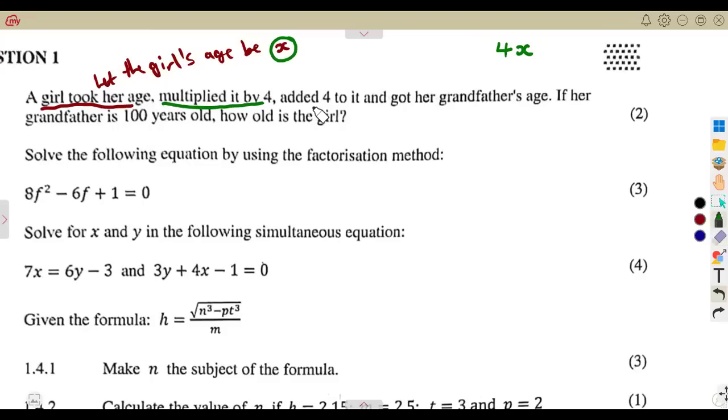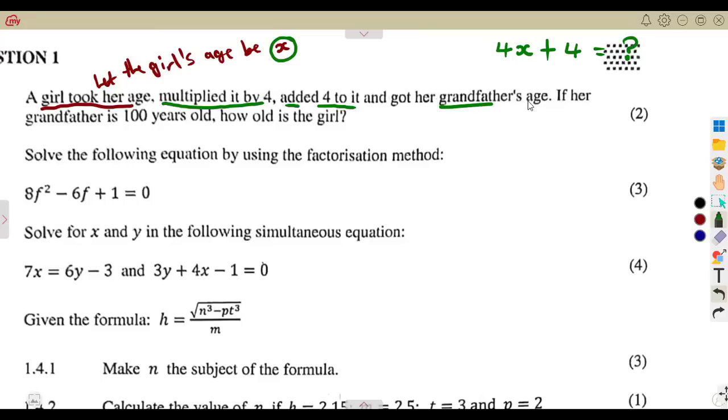Then what happened after that? She added 4 to it. After multiplying by 4, she added a 4. She multiplied by 4 and added 4 to it, and got her grandfather's age. So take note: the answer we are going to get here is supposed to be the grandfather's age.